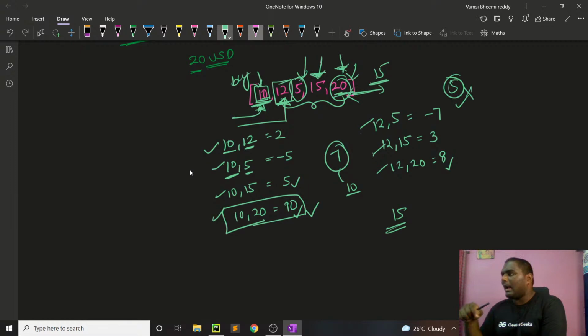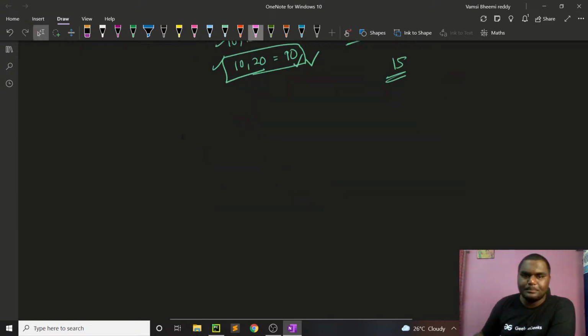Just think about what we can do now. We can run 2 loops. One loop is to fix a buy item, like we did. We are fixing the buy option at 10 and then iterating through all the other options. So let's say for i in range of n, where n is the size of the list.